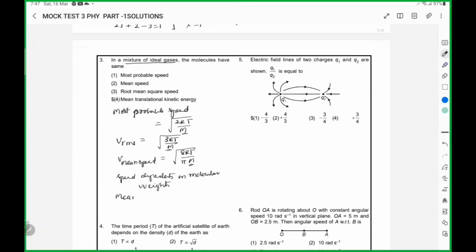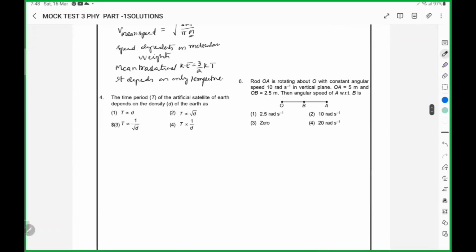But the mean translational kinetic energy is 3 by 2 kT. It depends only on temperature. So it is independent of speed. Molecules have the same mean translational kinetic energy.